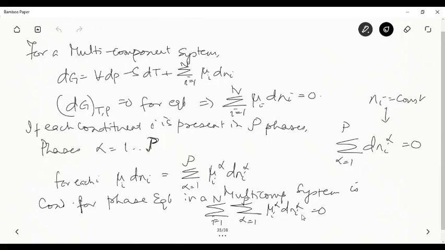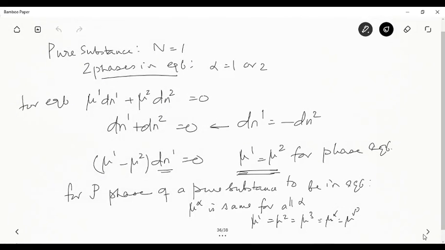So dn_i, which is equal to 0, will have to be equal to the summation over alpha equal to 1 to P of dn_i^alpha, and since n_i is constant and dn_i is 0, this is equal to 0. Now between these two, you actually get equations that will be useful in finding out the composition of multi-component systems if the corresponding values of mu are equated at equilibrium.